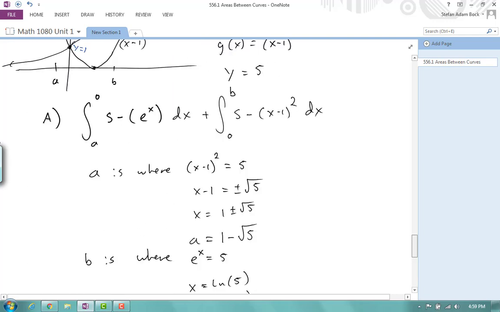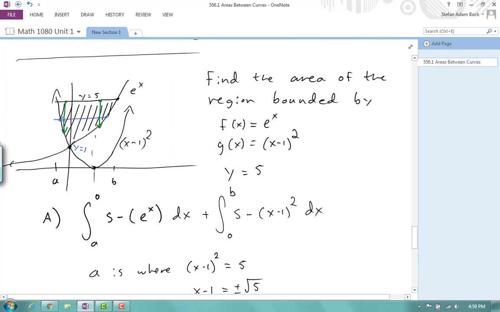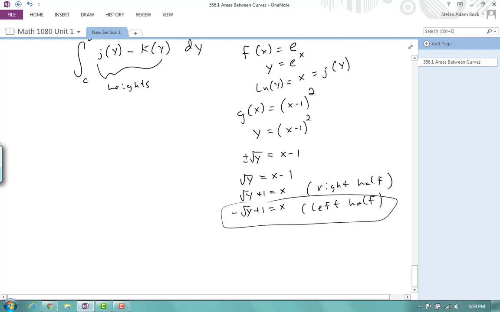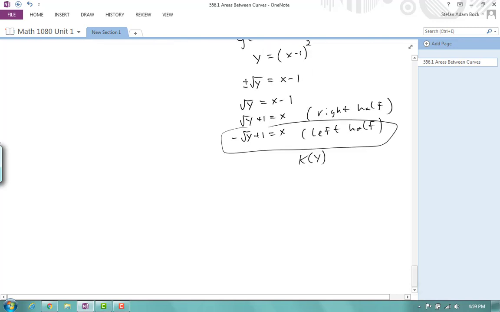So back to my picture, I'm concerned with the left half of my original parabola. So right here, I'm going to use this as my k of y, which means I'm going to have an integral from some lower y bound to a higher y bound of j of y, which is natural log of y, minus k of y, which is, in parentheses, 1 minus the square root of y, and this is dy.